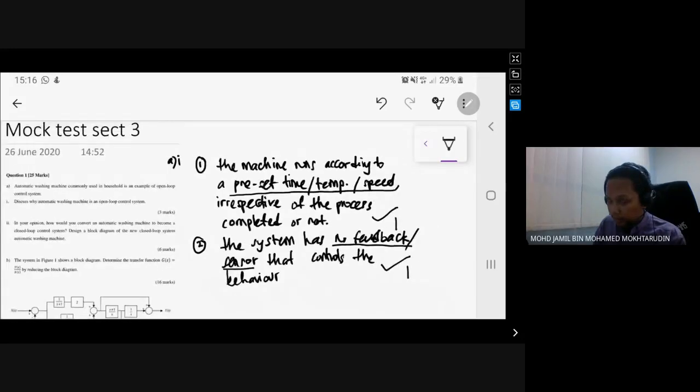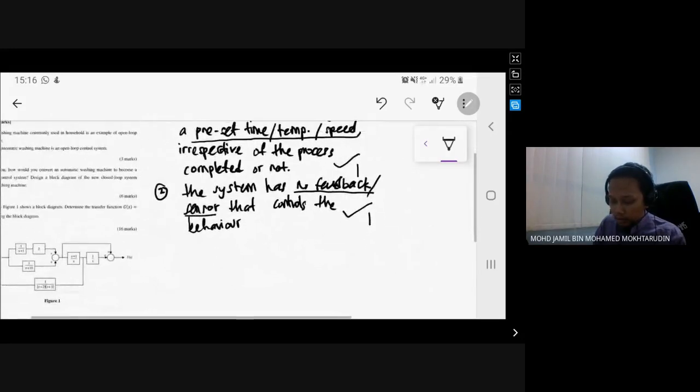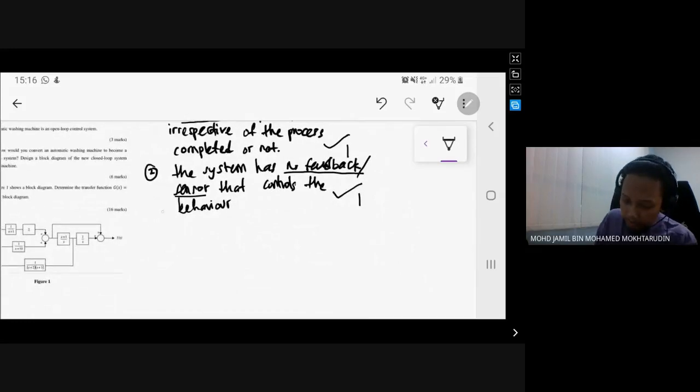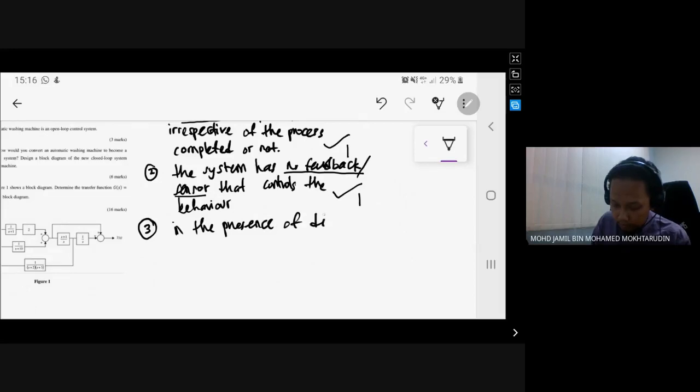And then the third point is, you can say in the presence of disturbance, or you can describe an example. Okay, what kind of disturbance?